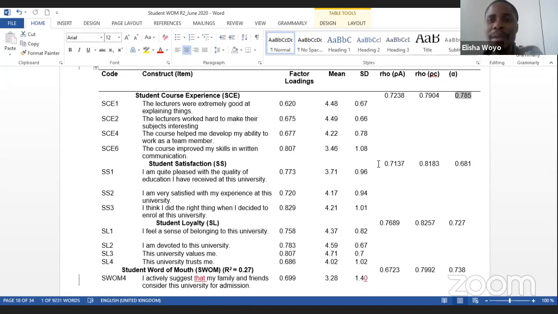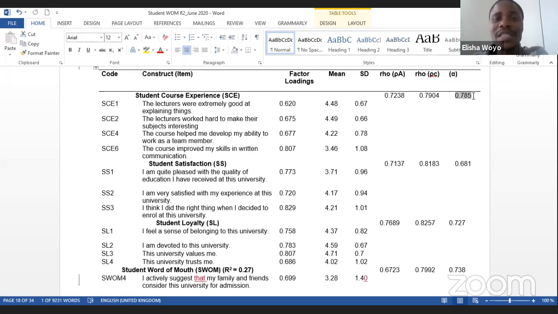So for you to be able to do this, you need to run what we call reliability analysis. And this reliability analysis is done using the Cronbach's alpha coefficient. That is what you use to run that. And for the factor to be considered reliable, you would need this factor to load at least above 0.7.